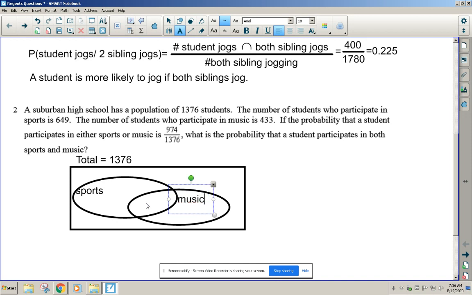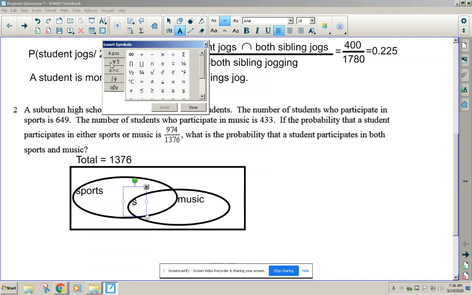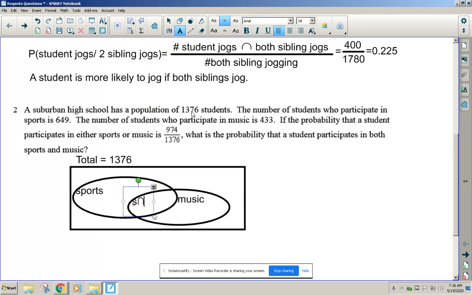And then this is my overlap of sports and music. So I'm just going to write S. And you know what? Let me see if they have this symbol up here. Let's keep our fingers crossed. There we go. Hooray. Okay. And music. So there's my overlap.